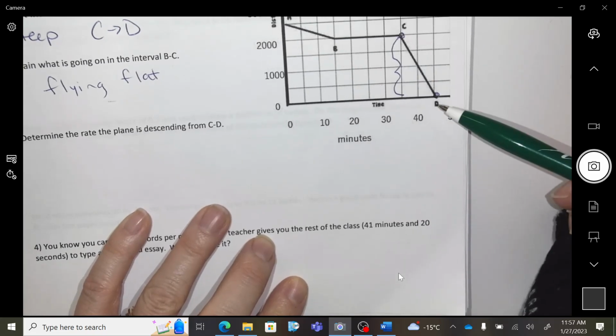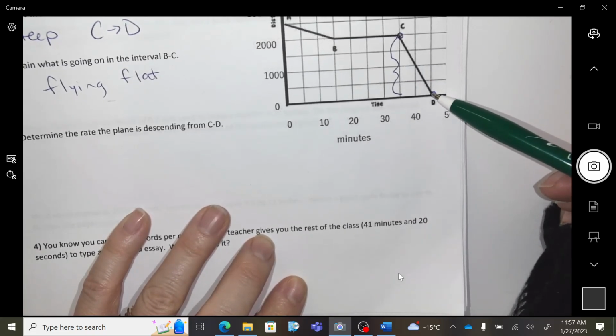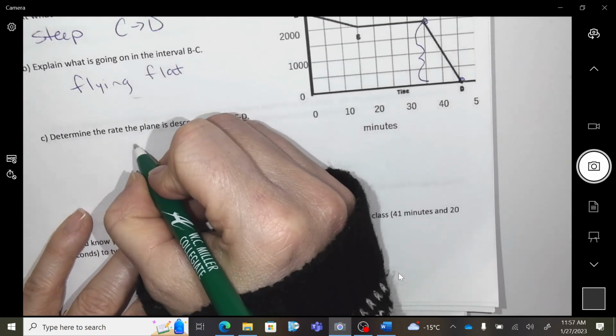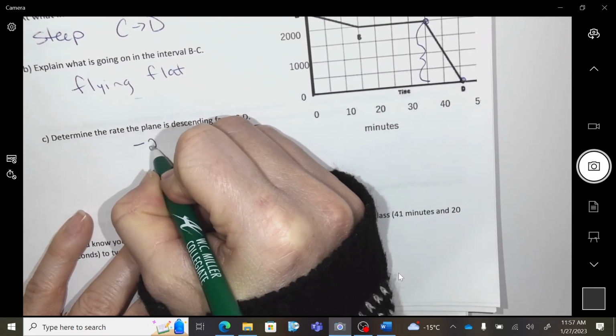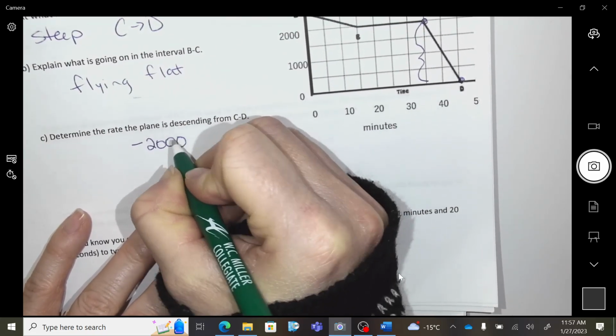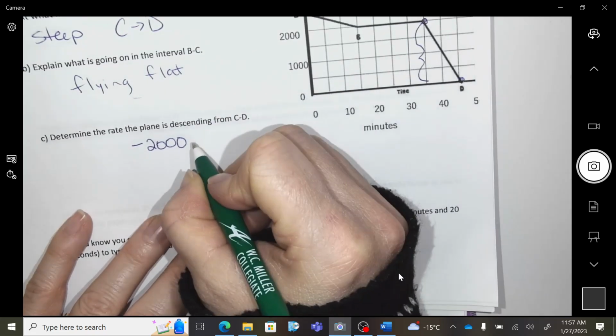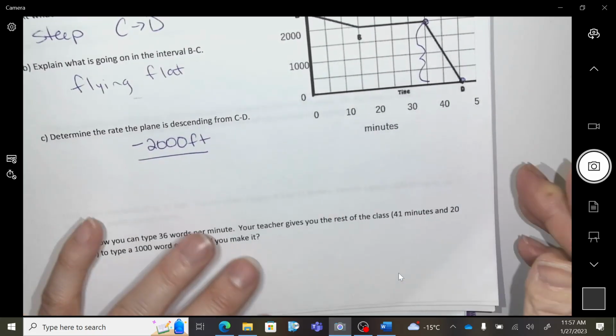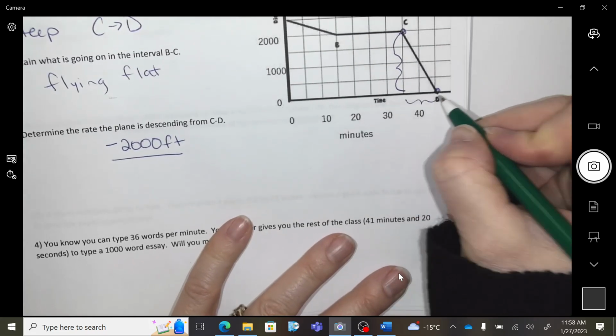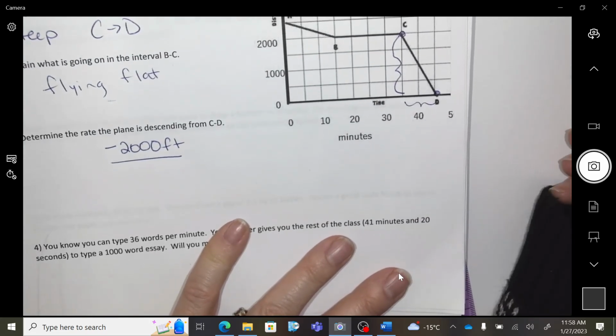This height was 2,000 and this height was 0. So that's minus 2,000 because it's going down. Minus 2,000, what are we in, feet? And in that interval, how much time elapsed?